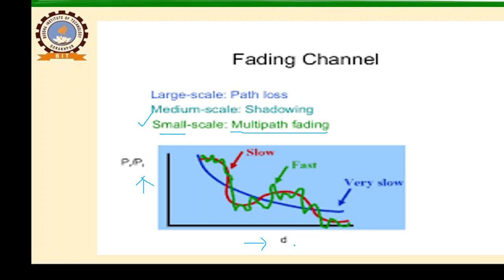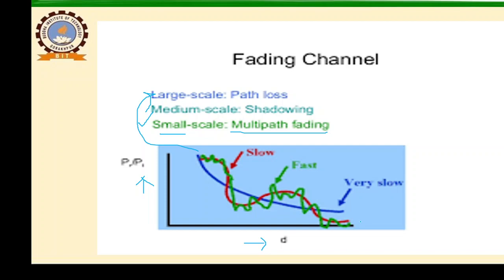So you have seen the blue line that shows the large scale fading. This is the large scale fading, and you also see a medium scale shadowing effect during the propagation in the free space model.